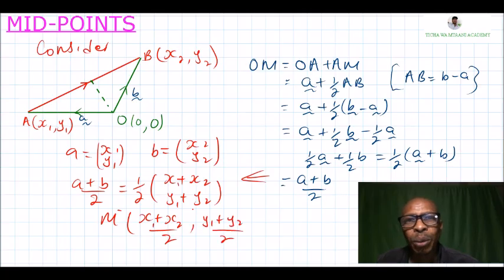What am I trying to say? That if you are given two coordinates of a point, then we use those coordinates to get the midpoint.